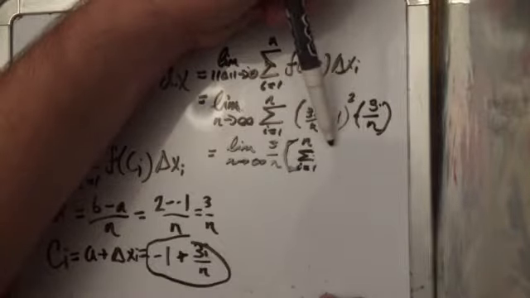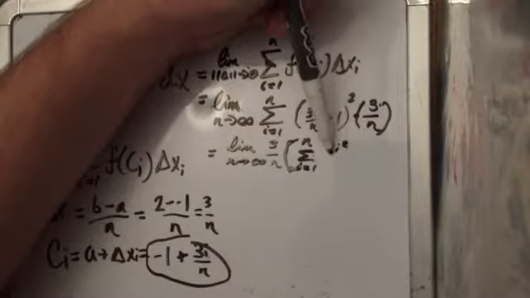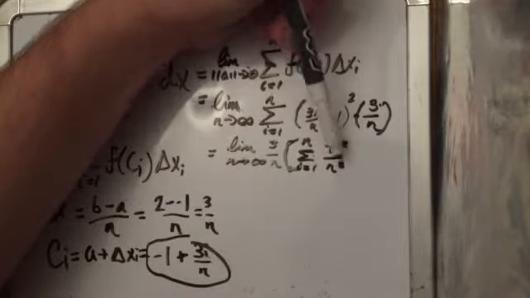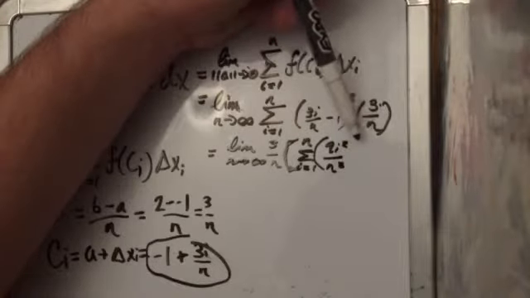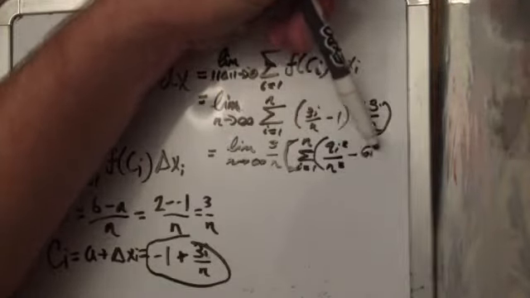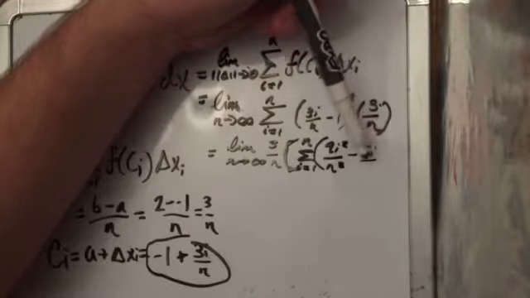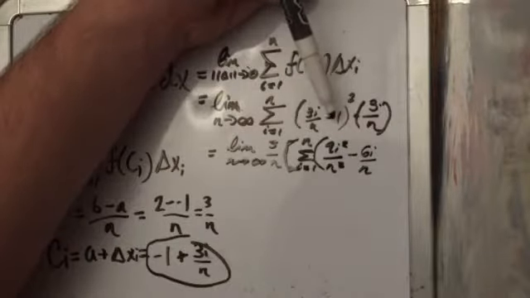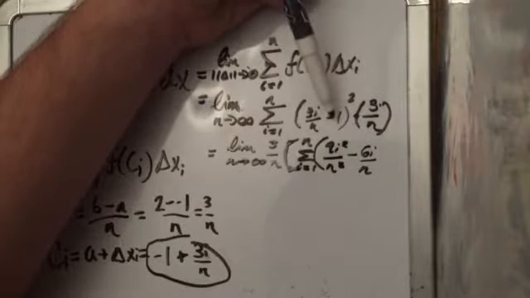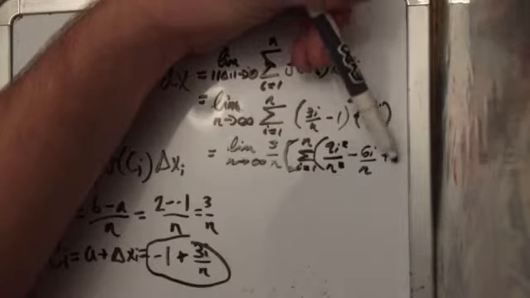It'll be 9i squared over n squared minus 6i over n, and then plus 1.